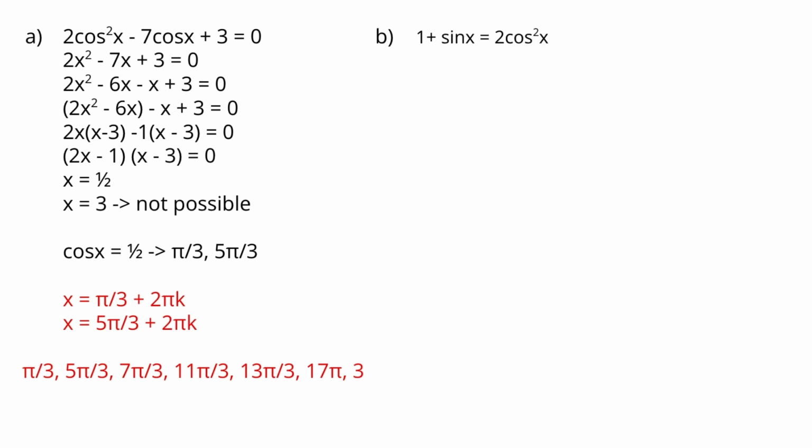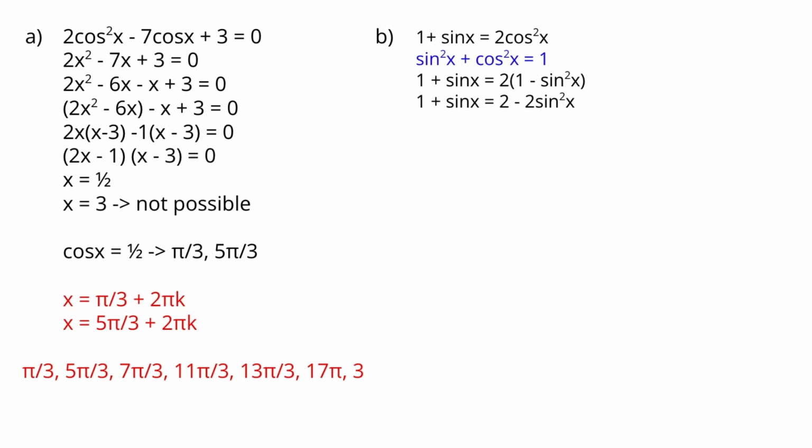Okay, so part B, we are given 1 plus sine x is equal to 2 cosine squared x, and we can solve this using the formula sine squared x plus cosine squared x is equal to 1. Since cosine squared x is found in the original problem and in the formula, we can subtract sine squared x from 1, and then we're given what cosine squared x is equal to.